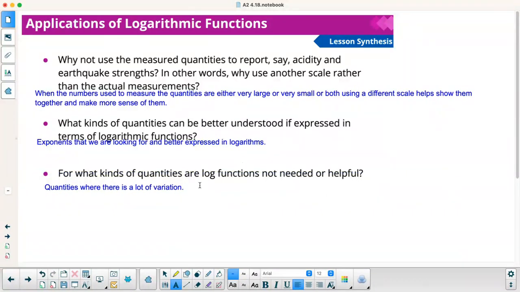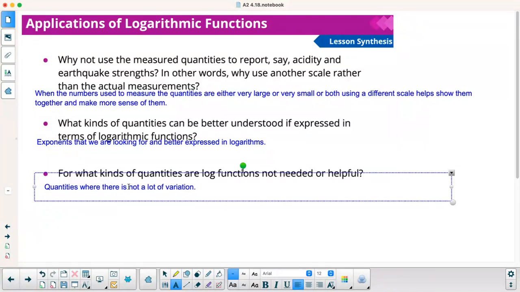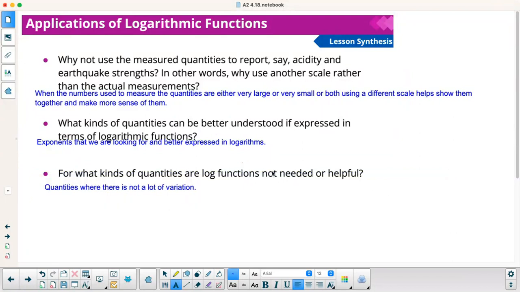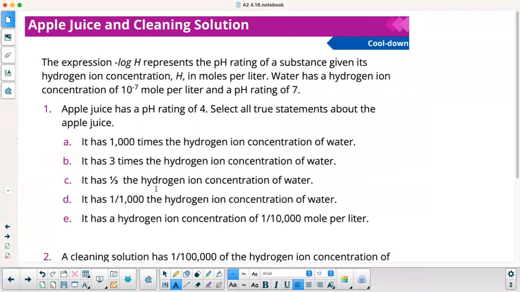I'm sorry, where there is not a lot of variation. Okay, that's when they're not needed. Sorry, I read that wrong. For what kind of quantities are log functions not needed? So they are needed when there is a lot of variation, but they're not needed when there's not a lot of variation. Okay, and let's take a look at this last one.